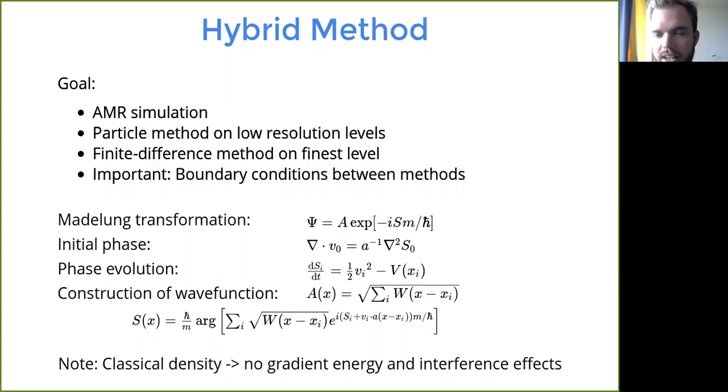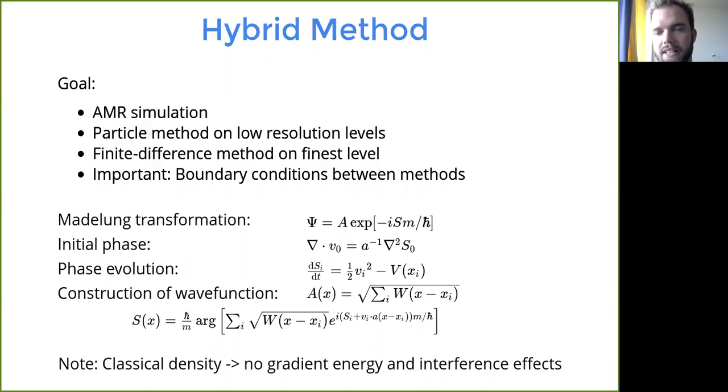And the phase at each grid point is a weighted average over all the particle velocity phases in the surrounding. So since we use the classical density and only this weighted average for the phase, there's no gradient energy and interference effects considered at the reconstruction point.